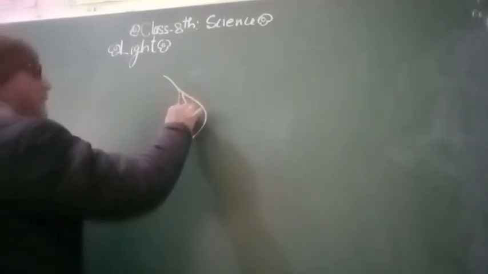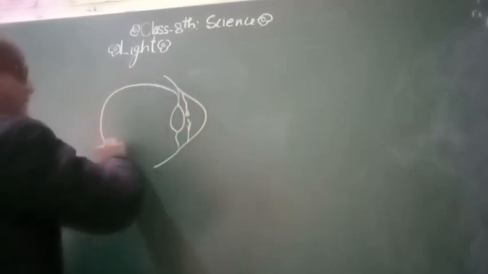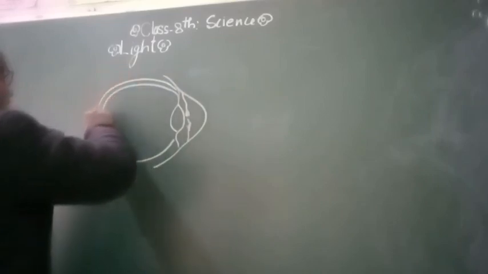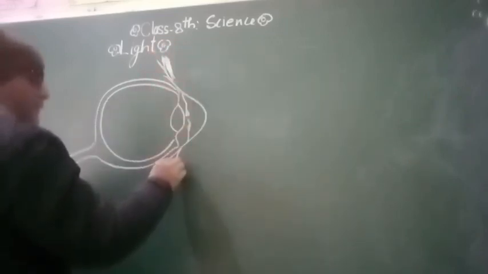You will see the eye structure like this, and here you will see another part connected with this optic nerve, and this will be the ciliary muscular structure.